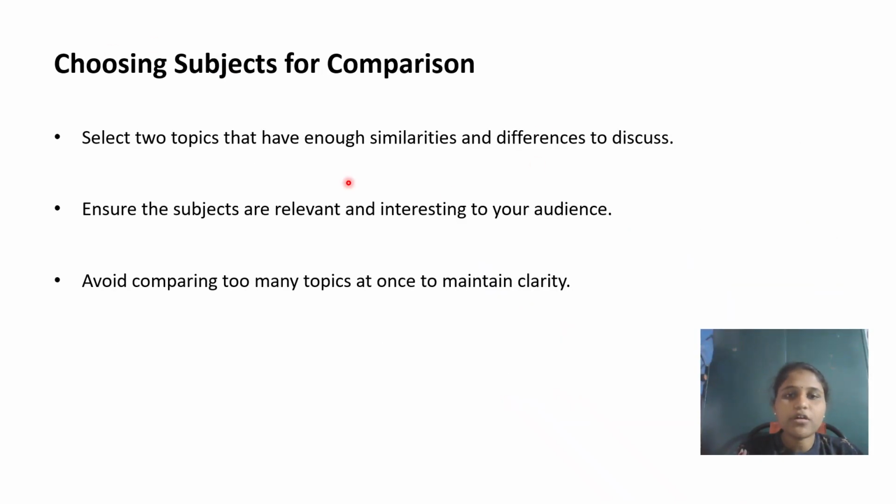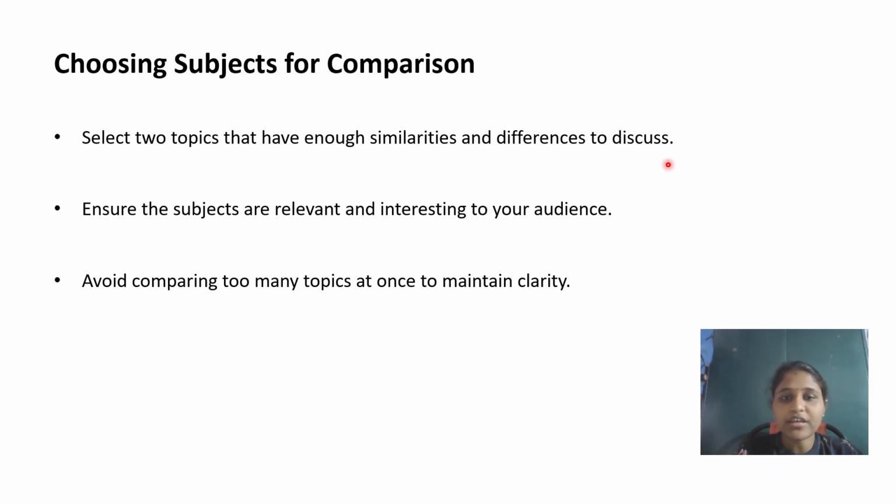Choosing subjects for comparison. Select two topics that have enough similarities and differences to discuss. It means that by choosing two topics, they must contain similarities and differences to discuss. Ensure these subjects are relevant and interesting to your audience. By choosing such a subject, it will interact well with the audience.